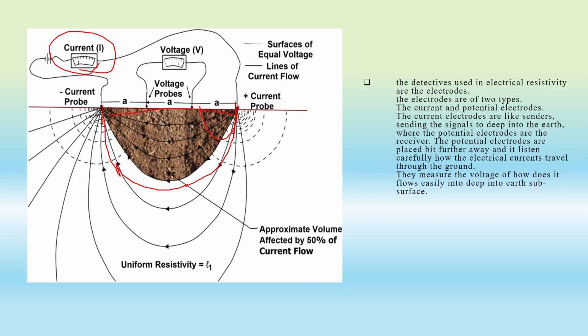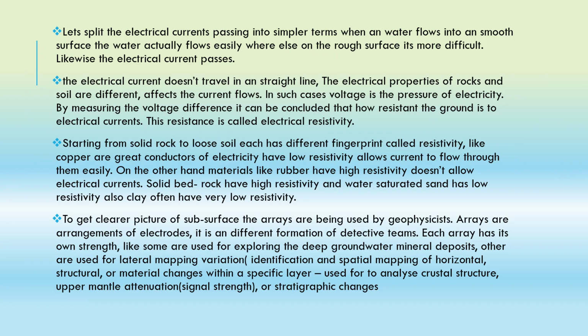The current flow will be affected. In a simpler way, when water flows over a smooth surface, it flows smoothly. If it is a rough surface, it will be more difficult, comparatively. That's how the electrical current also passes.